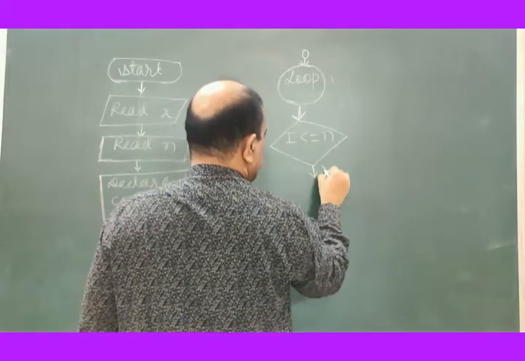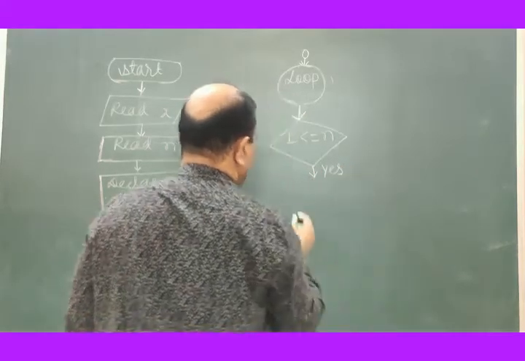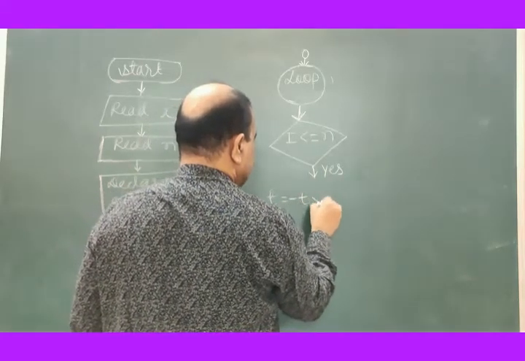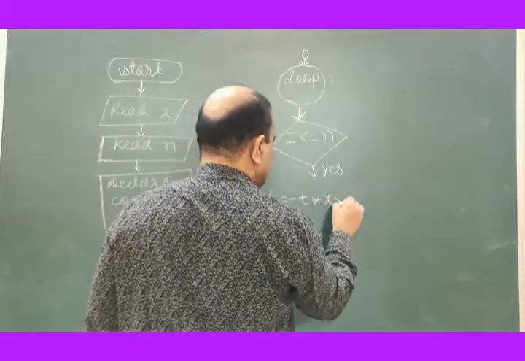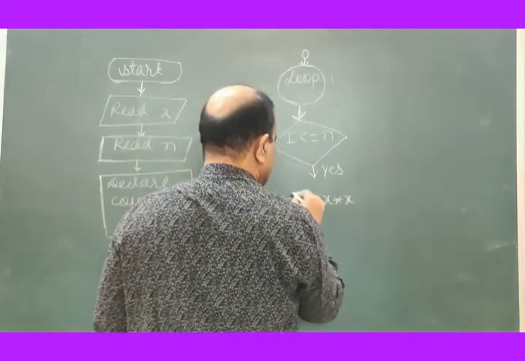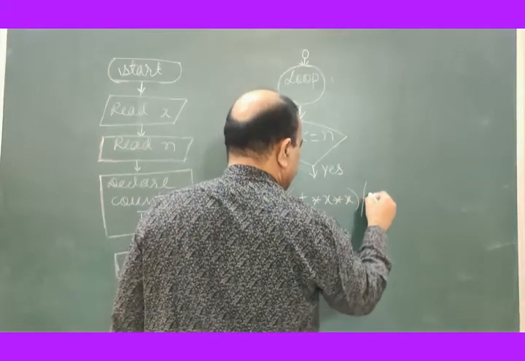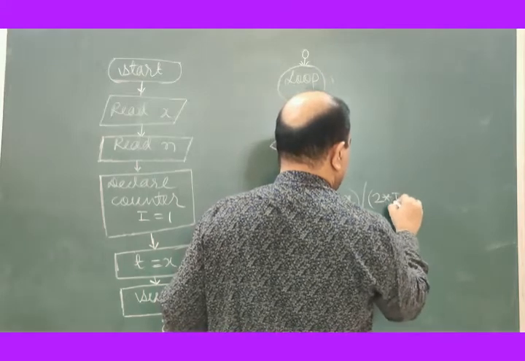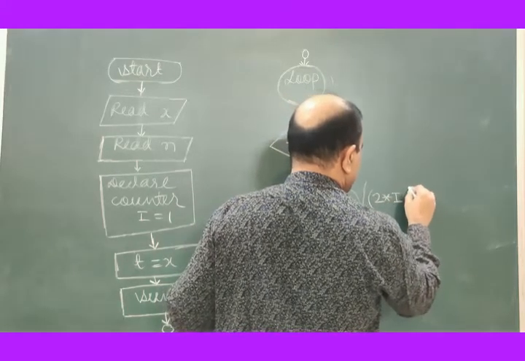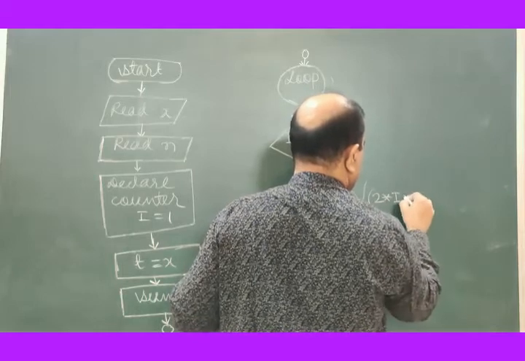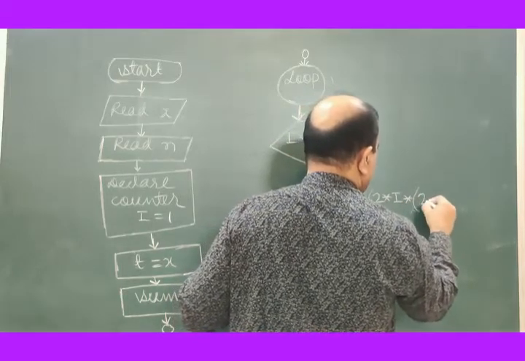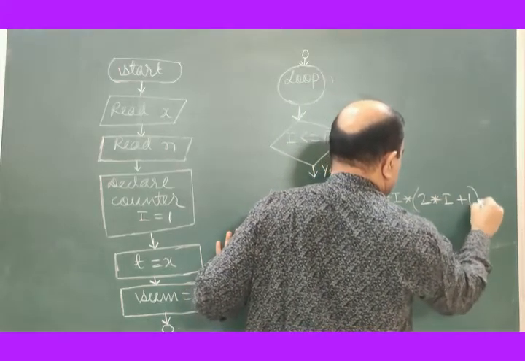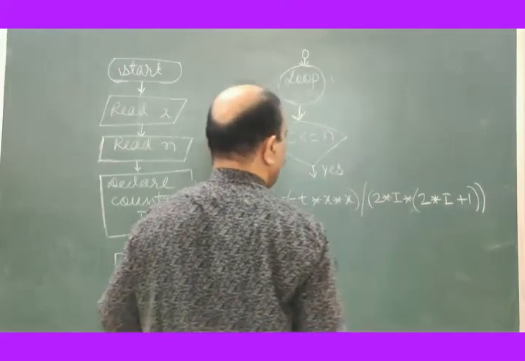If answer is yes, put the formula for t is equal to minus t into x divided by 2 into I into 2 into I plus 1.